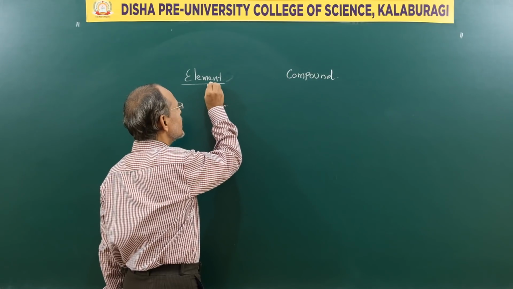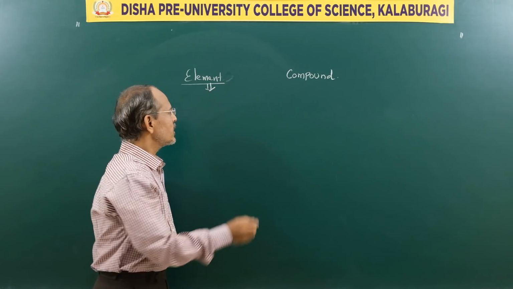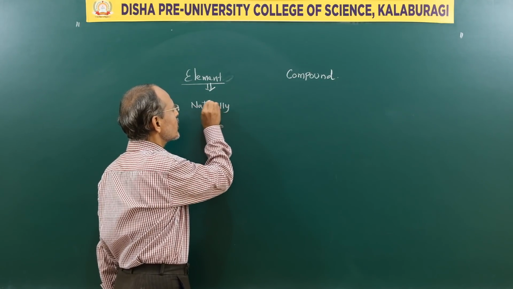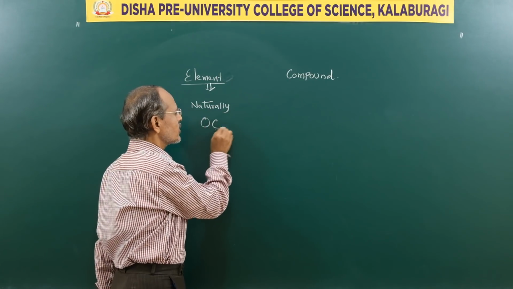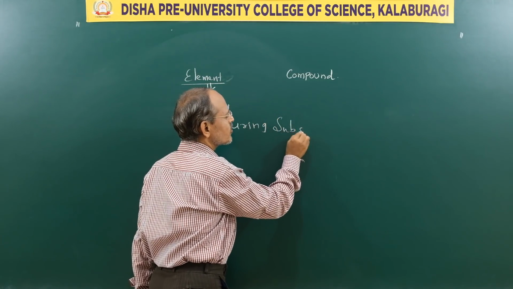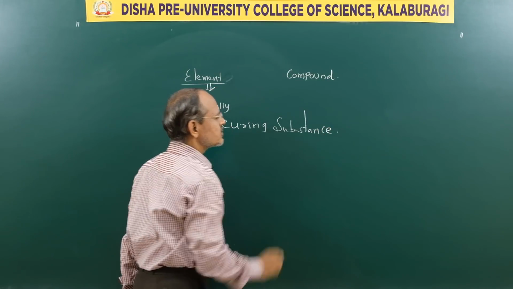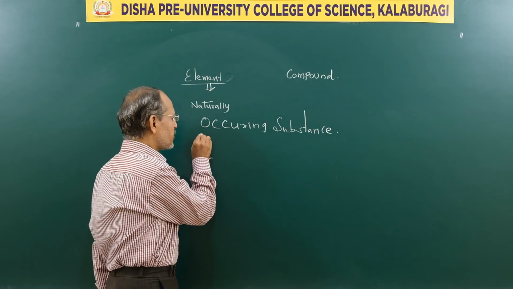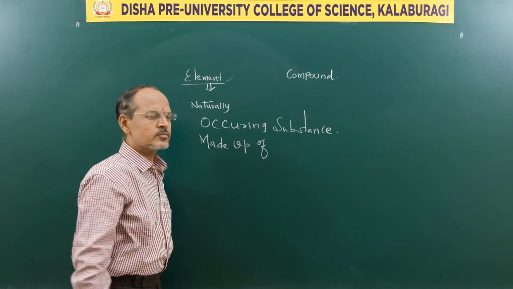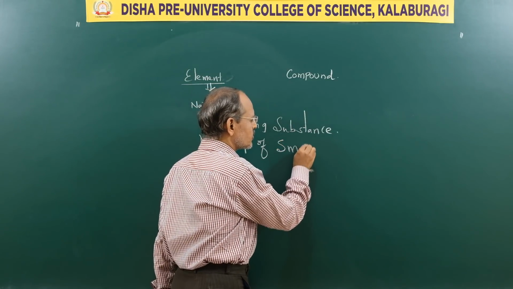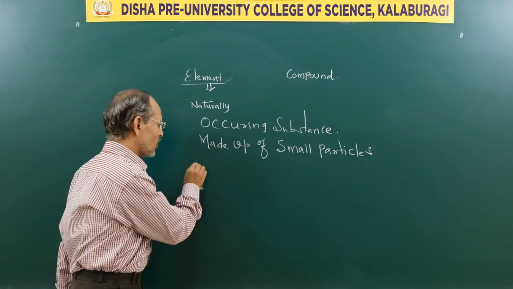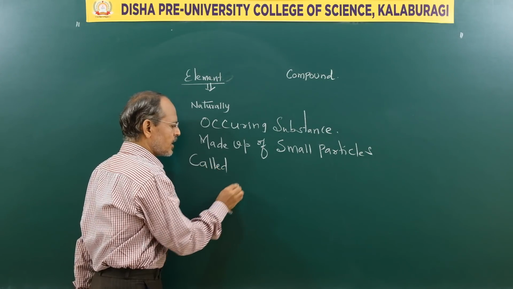What actually is an element? It is a naturally occurring substance made up of small particles called atoms.